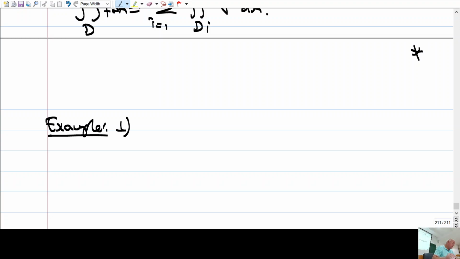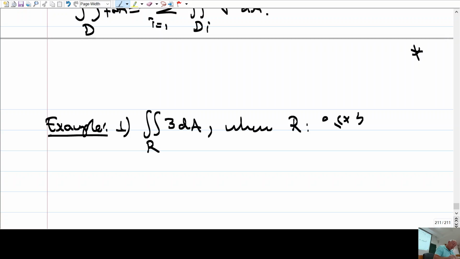Alright, let's do some examples which do not require any techniques actually. For example, let's compute this integral over R of 3 dA, where R is this region, where the x coordinate is between a and b, and the y coordinate is between c and d.